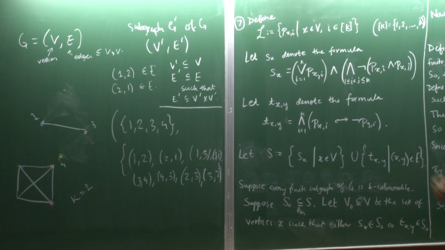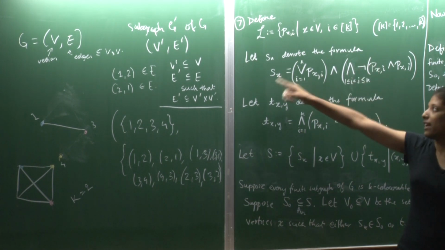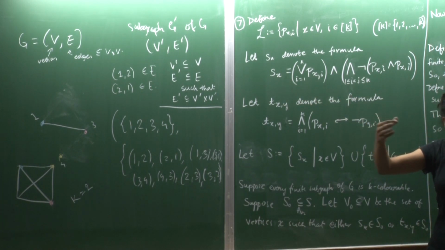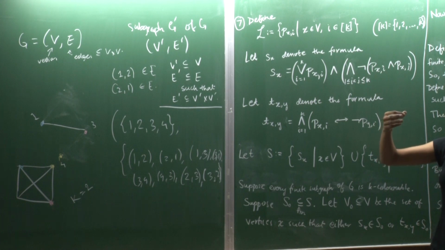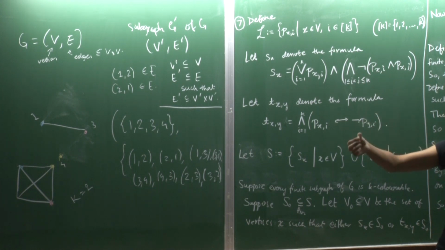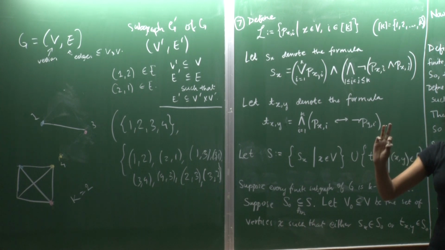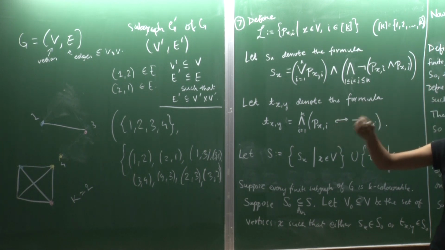And then you define a formula for each vertex. You define Sx, which says what? You want Sx to denote the fact that the vertex x receives exactly one color, right? So for k colorability, that is one condition, that each vertex receives exactly one color because it's a function. It's given to be a function. Therefore, each element of the domain needs to receive exactly one element of the range.